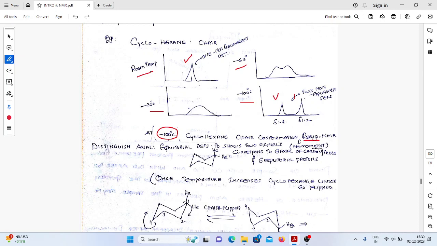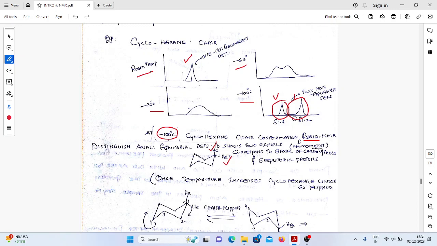There is no movement of the chair conformation, so interconversions are not possible. That means we can easily recognize axial and equatorial protons separately. The 6 axial protons will give one signal and the 6 equatorial protons will give another signal.